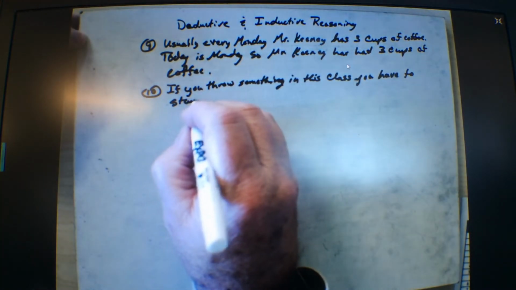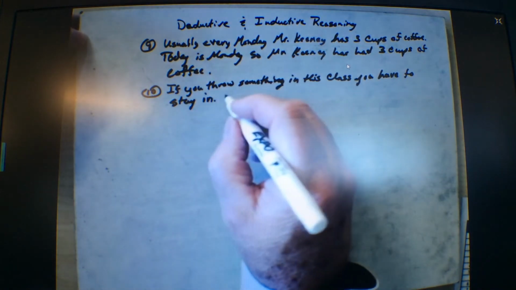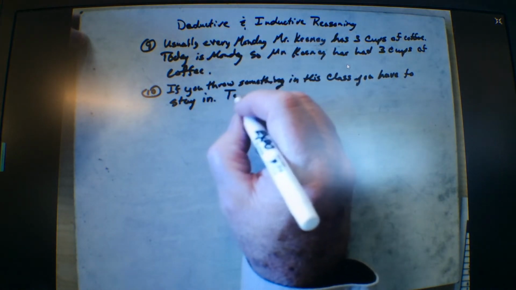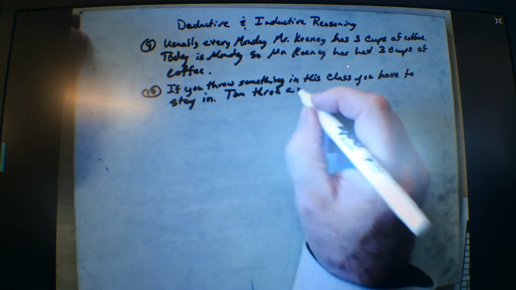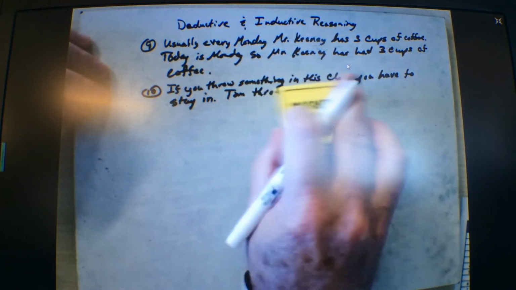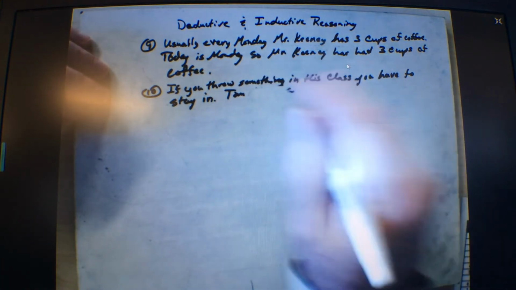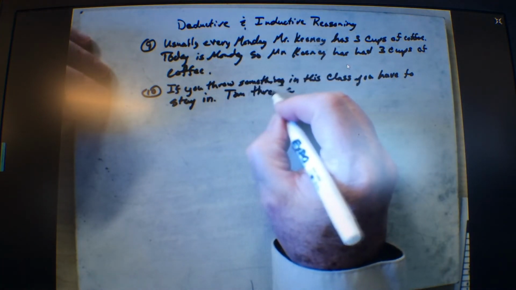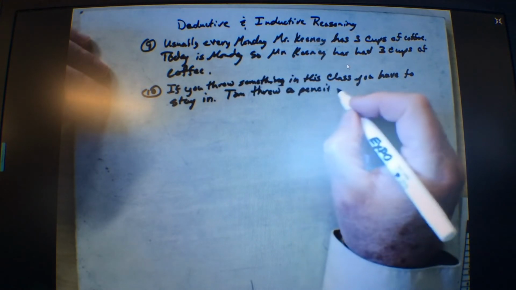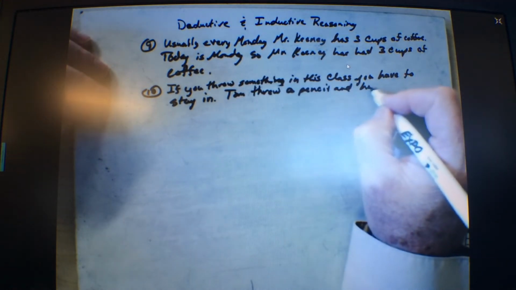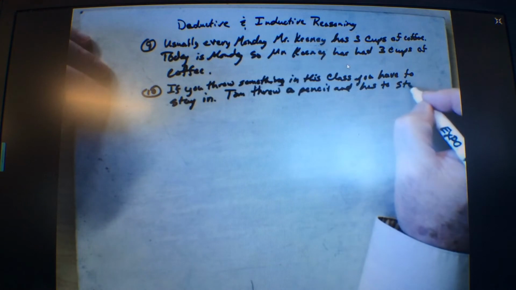My writing's not very good. Stay in. Tom threw a pencil and asked to stay in.